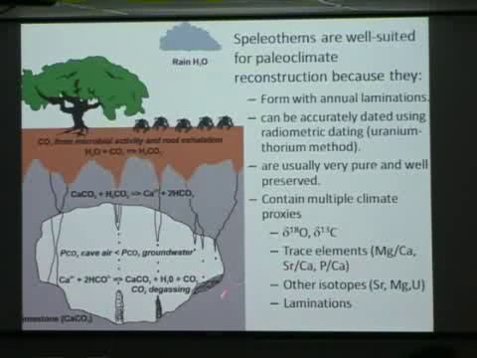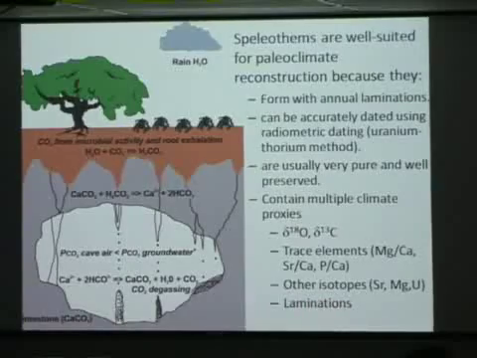And then there are a number of other isotope systems which people are working on calibrating, which may provide further information. So we can look at multiple proxies at once and therefore get more robust paleoclimate data. And also, just looking at the laminations themselves, sometimes you can measure the growth rate of those samples as a function of climate and such things.